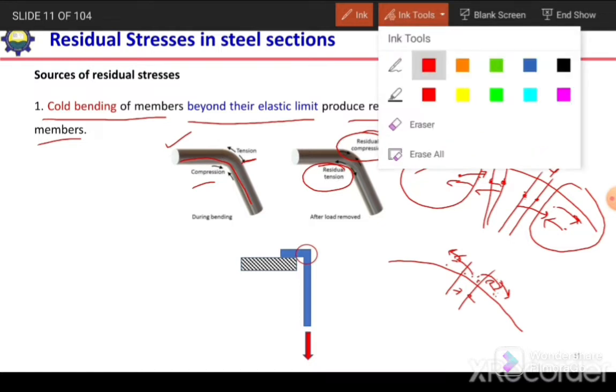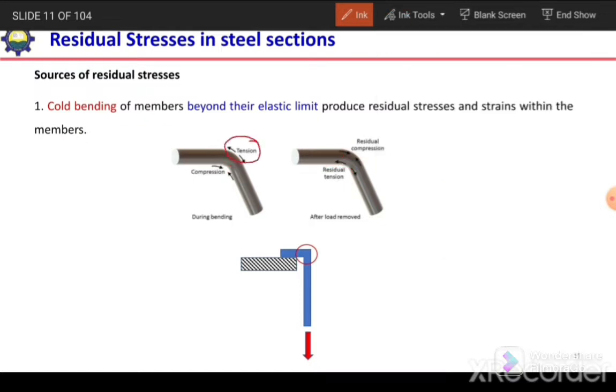Initially during bending, there is tension at the outer side and compression on the inner side. But after the removal of load, when the member tries to straighten up because of the elastic deformation in this portion, the outer part will undergo compression and the inner part will undergo tension.